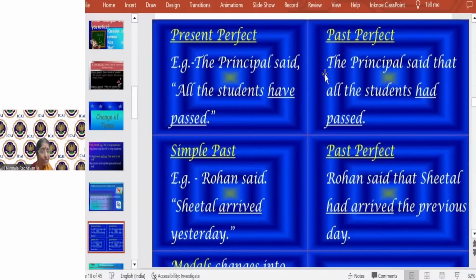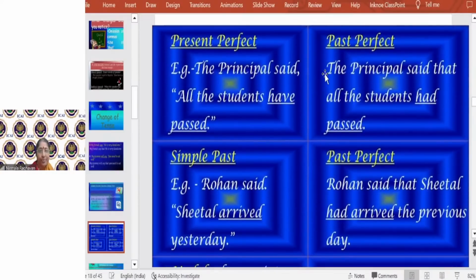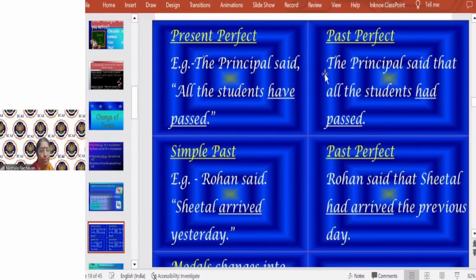Now, look at these sentences. I am not going to read it out for you. I want you to read it for yourself so that you read and understand. This is a big slide and I will move it once you finish. I've given you samples of present perfect, simple past, past perfect, and modal changes. Quick, I want you to read.